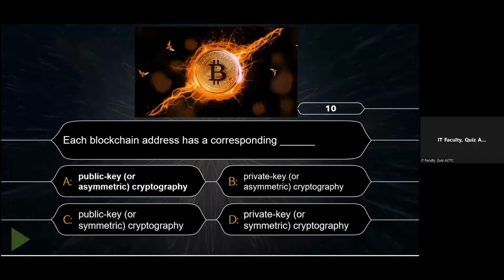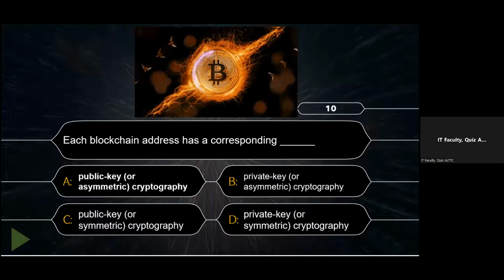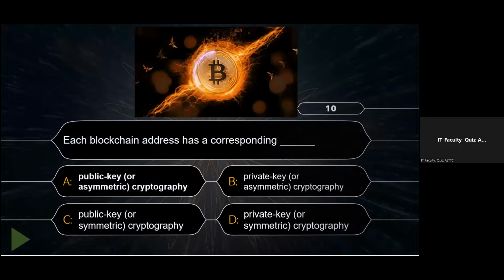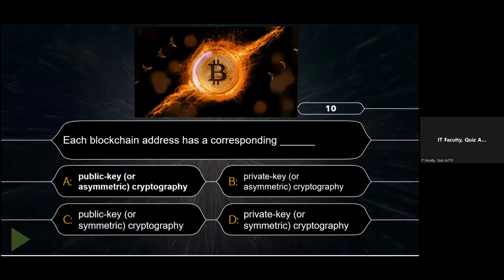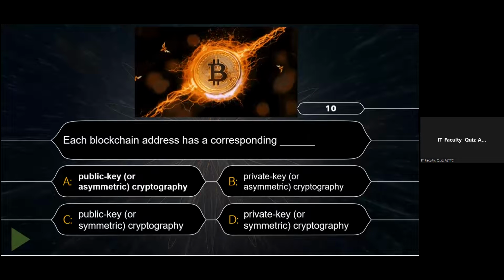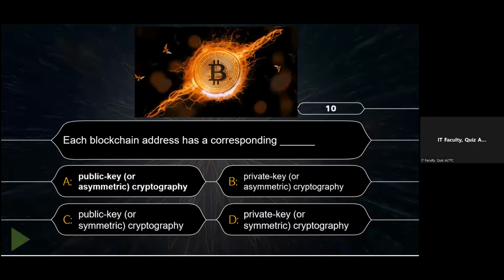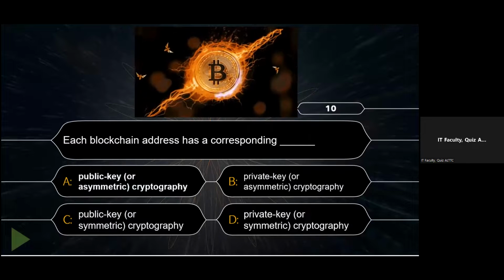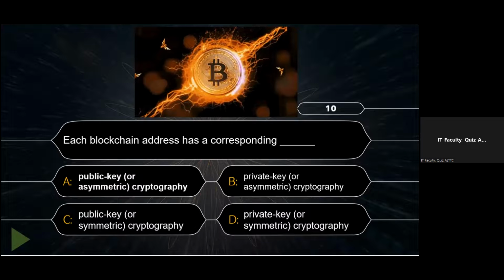Option B, private key or asymmetric cryptography. Option C, public key or symmetric cryptography. Option D, private key or symmetric cryptography. Please answer.